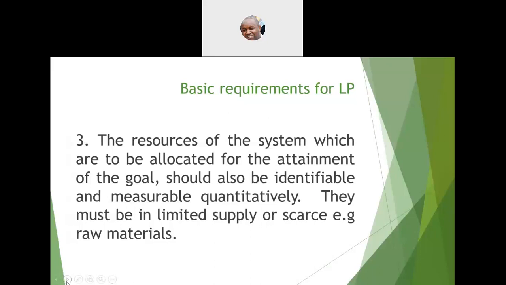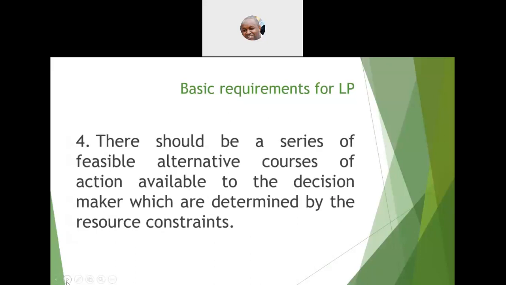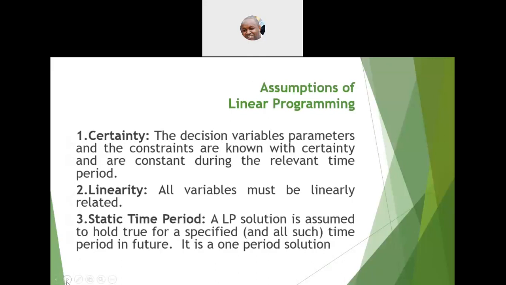In other words, they are scarce, they are limited in supply. There should be various alternatives in which we can be able to identify the scarcity of the resources that we've got.